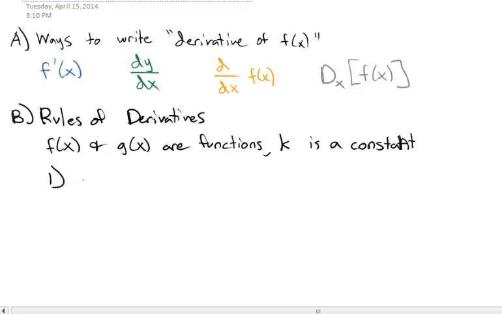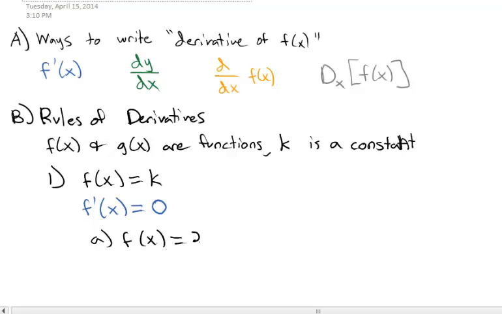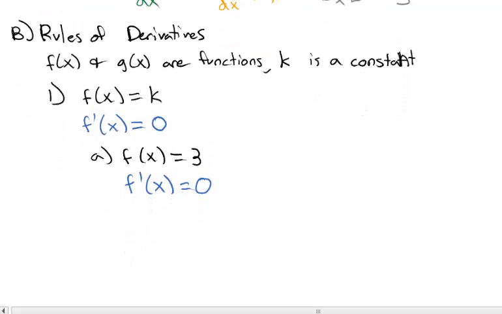So the first rule is if f of x, if the function is equal to a constant, and we were to take the derivative of that constant, that's always going to be 0. For example, if f of x equals 3, and we wanted the derivative of 3, f prime of x, the derivative of any constant number is always going to be equal to 0.